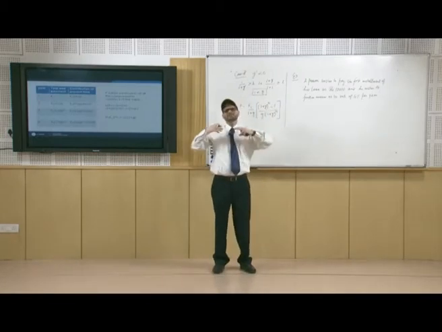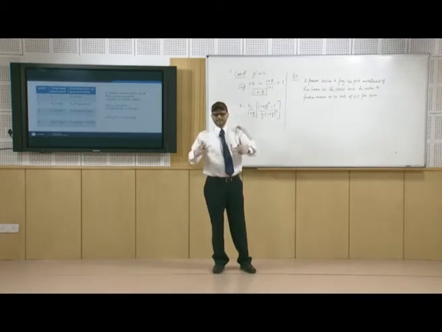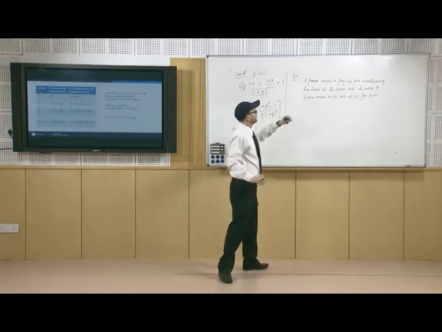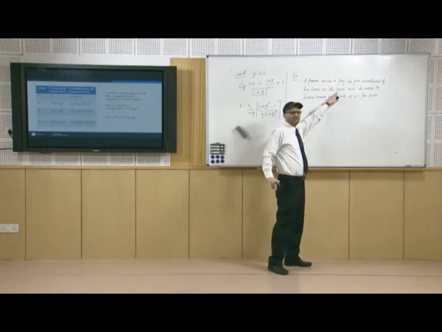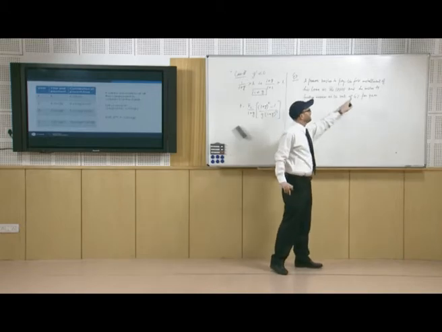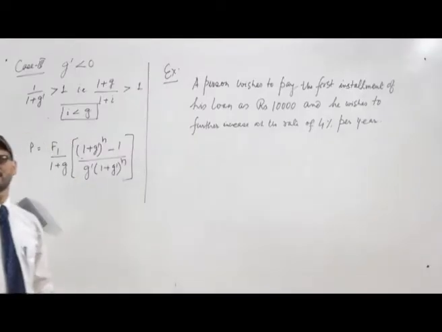Assume that he is paying the installment at the end of the first year as 10,000 and he wants to increase it at the rate of 4% per year.